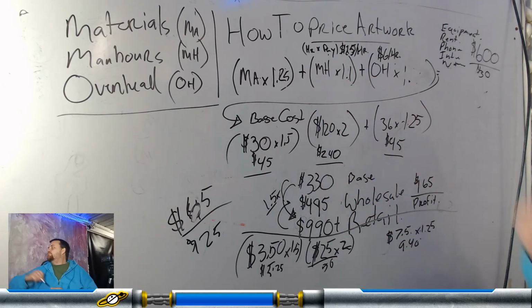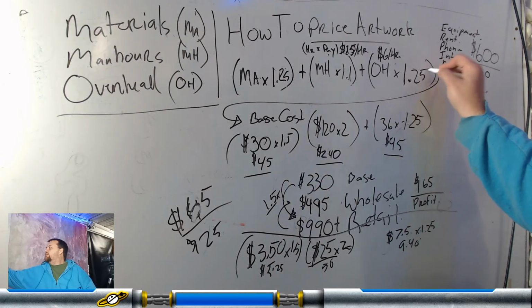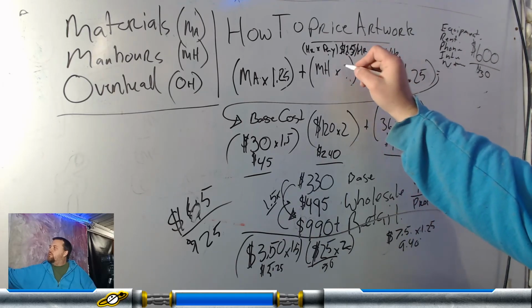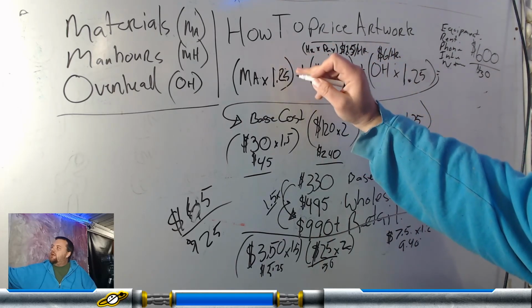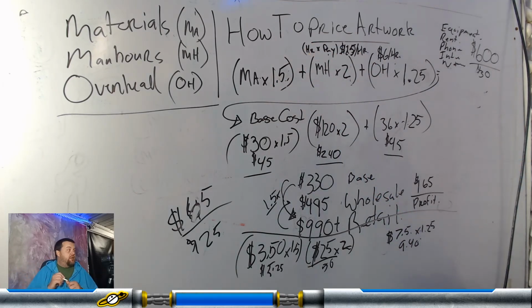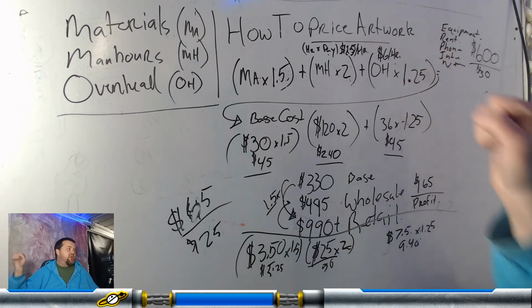I'll put this formula up here so you guys can apply this to your own as you need and see if it works for you. Feel free to tweak any of this as you need to. This is just a general pricing.